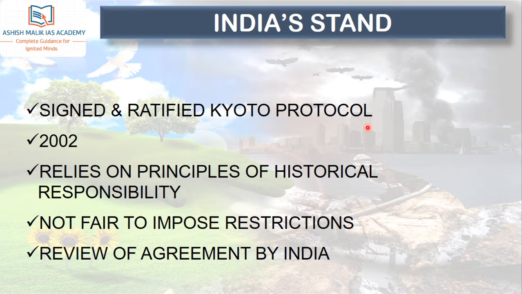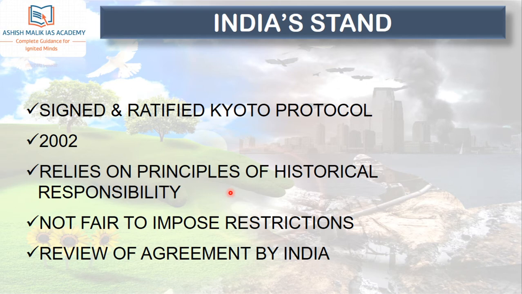Along with this, India basically relies on the principle of historical responsibility. What was historical responsibility? We have talked about the common but differentiated responsibility. So India also acknowledges the same principle. It said that the developed countries are responsible for most of the historical and current greenhouse gas emissions, and that is why they should have more responsibility.